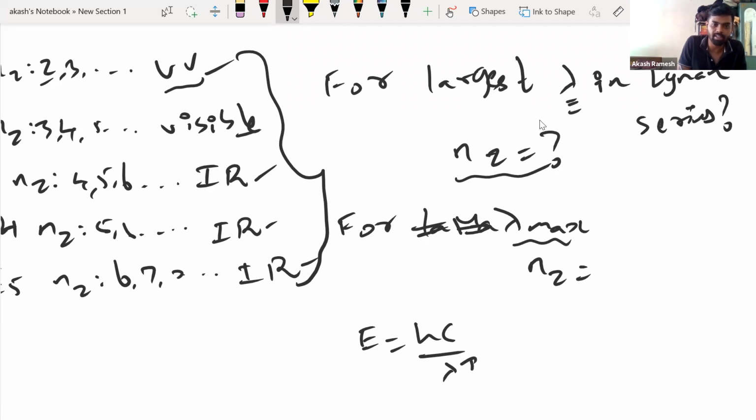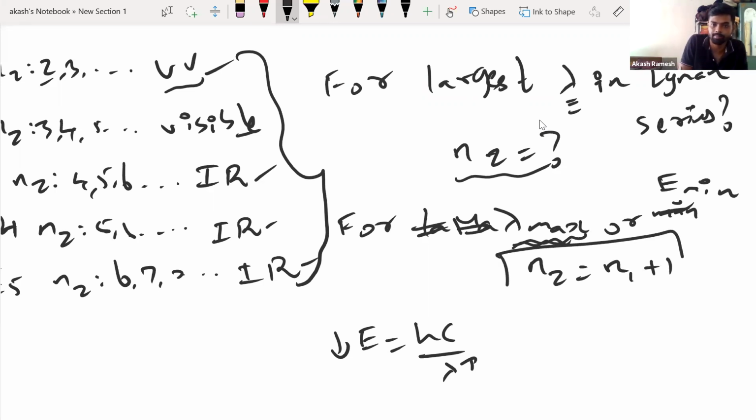So if lambda is higher, energy is lesser. If I have the maximum value of lambda, I am going to have the minimum value of energy, E minimum. For E minimum or lambda maximum, N2 is nothing but N1 plus 1.